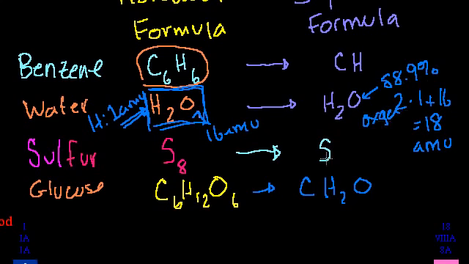So most of water is oxygen. Even though you have 2 hydrogens for every 1 oxygen, oxygen's mass is so much larger, it's 16 times larger, that most of water is oxygen.